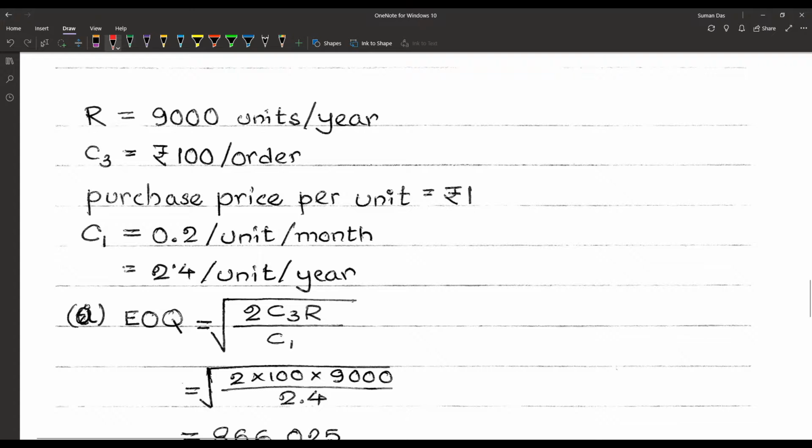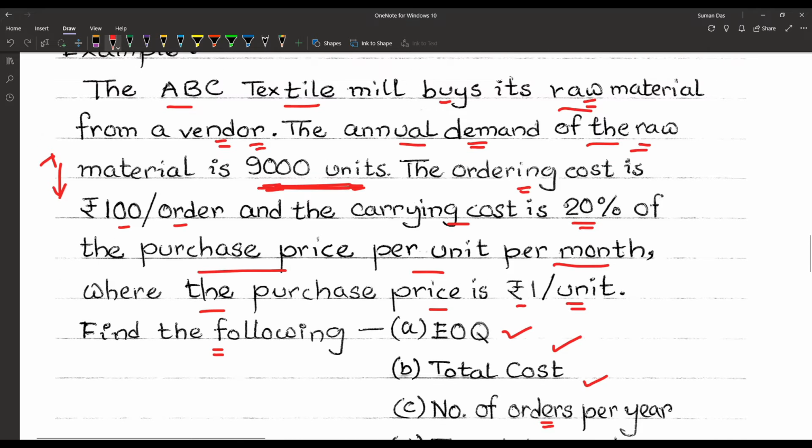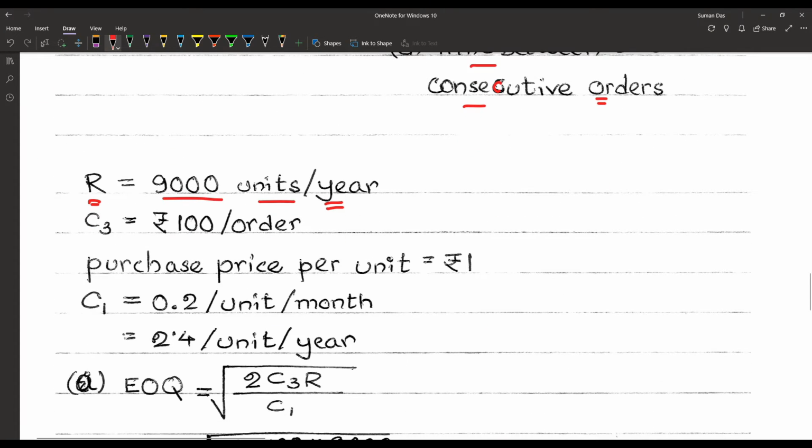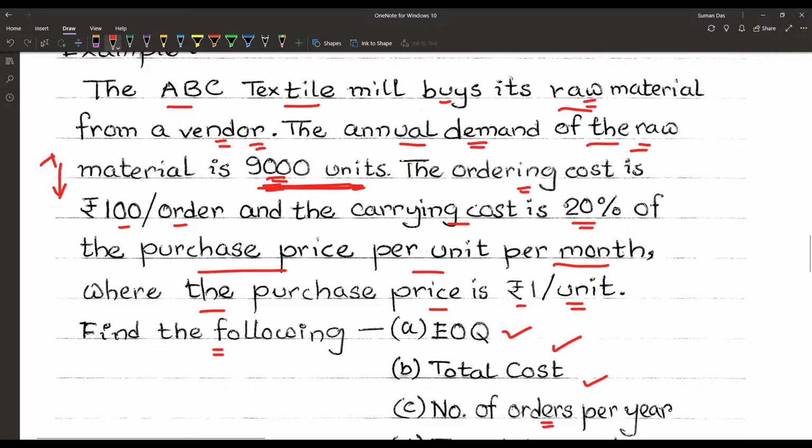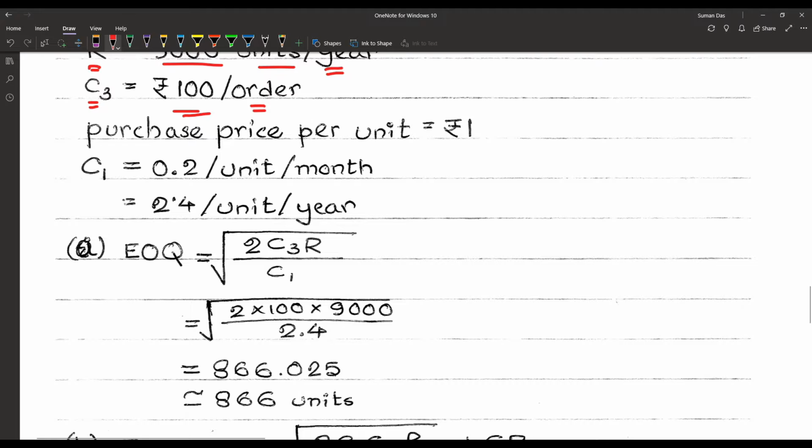According to the problem, R is equal to 9,000 units per year. That means the annual demand has been given as 9,000 units. The ordering cost, denoted by C3, is rupees 100 per order. And what is the carrying cost? That is 20% of the purchase price per unit per month.